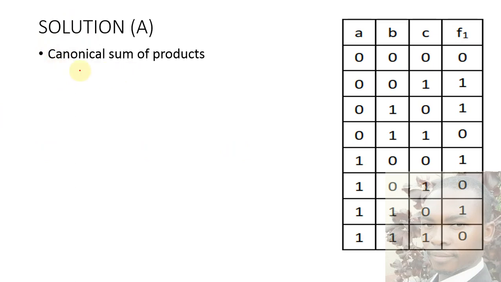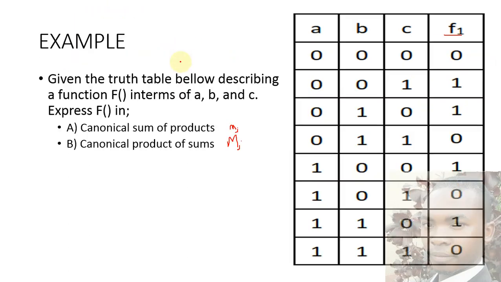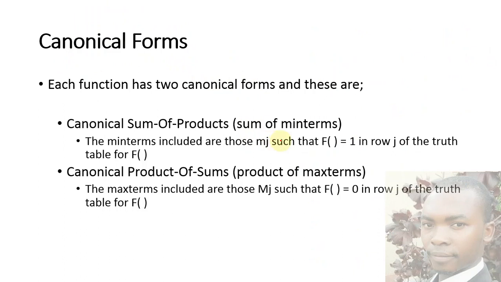So solution for A, canonical sum of products. So you know that in min terms, where there is a 0, you put that value, which is a naught. So let's first get it, and remember that in canonical sum of products, they are saying that the min terms included are those mj such that f is equal to 1.